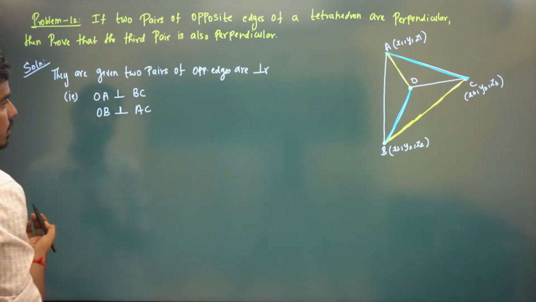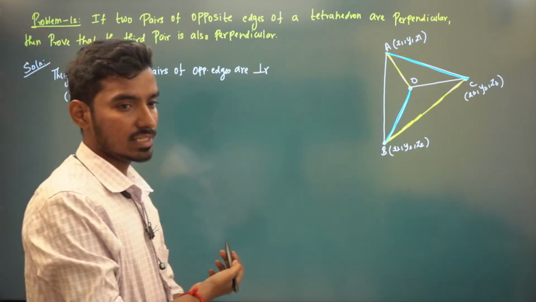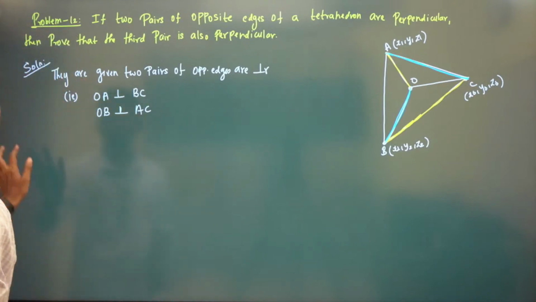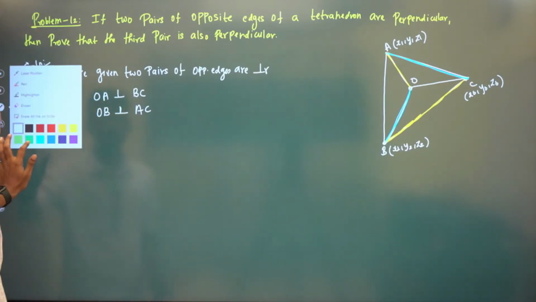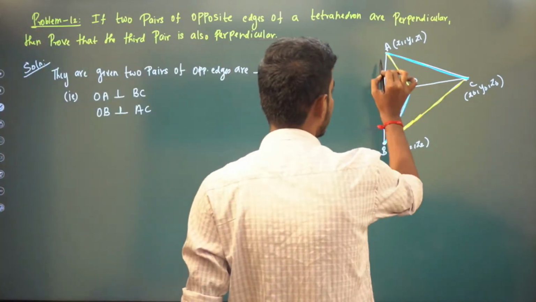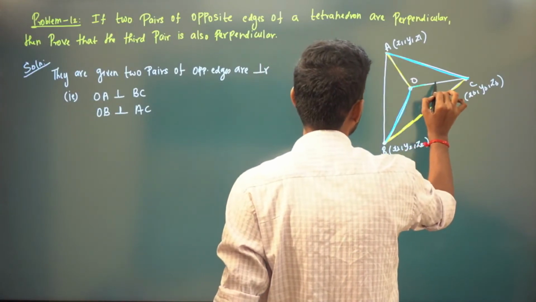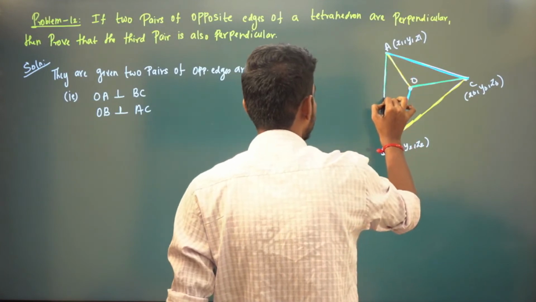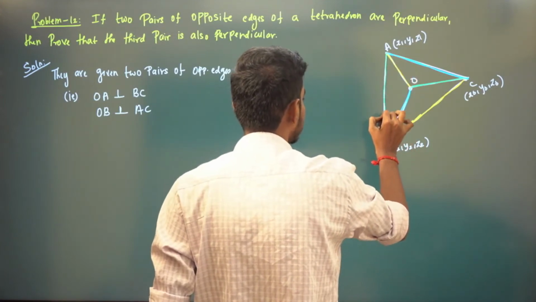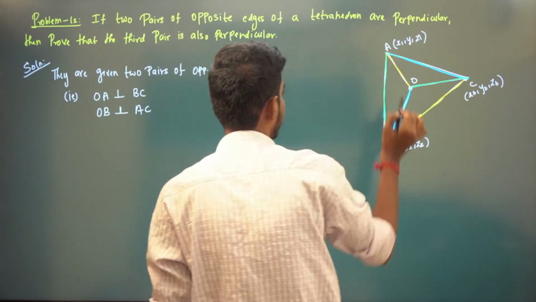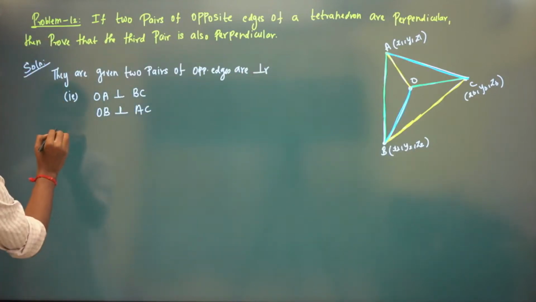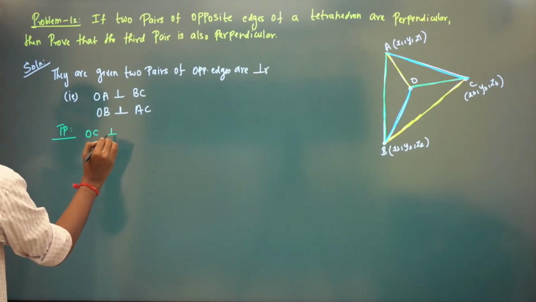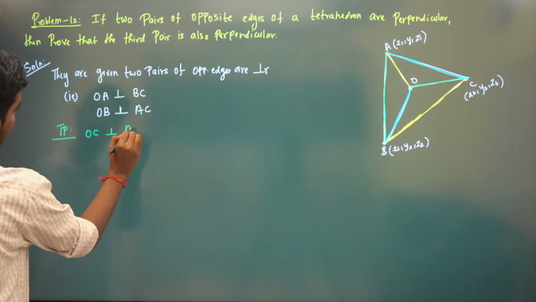So they are given that two pairs of opposite edges are perpendicular. We need to prove the third pair is also perpendicular. That is, the third pair, OC, is perpendicular to AB. Right? So what we need to prove is that OC is perpendicular to AB.